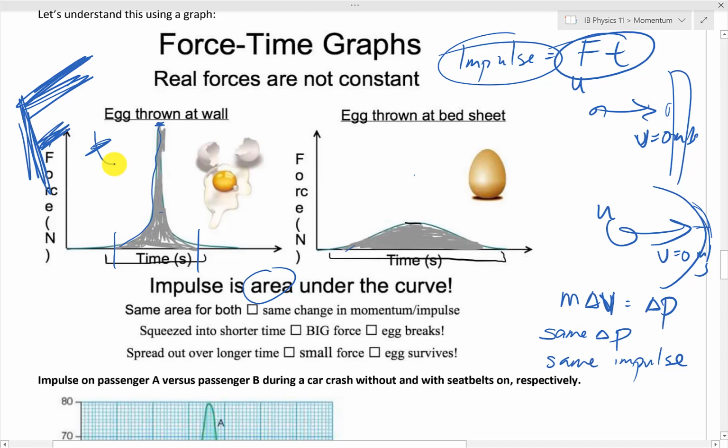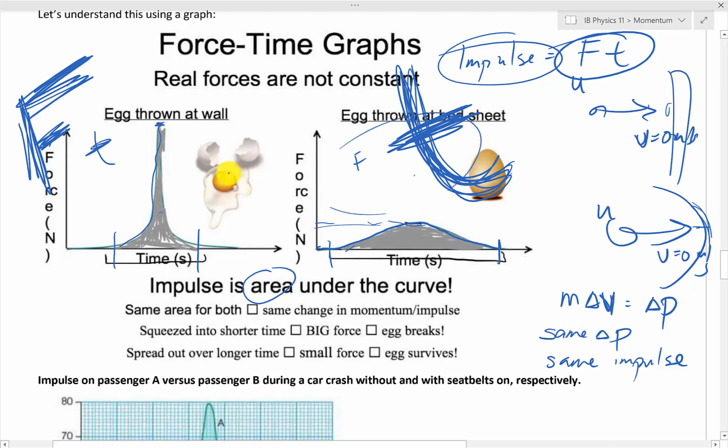Versus if it was thrown at a bed sheet, that impulse is spread over a longer period of time, so the bed sheet doesn't need to exert as much force on the egg. So we have a small force exerted over a longer period of time. And of course, you have a big number times a small number in both cases, F times t.